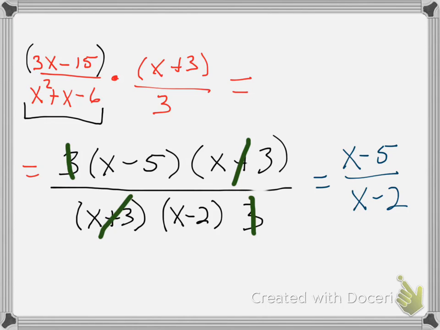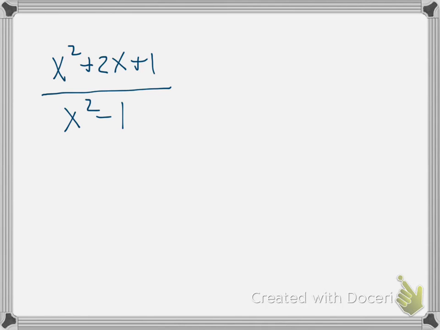Okay. Now, let's take a look at some division. Let's say that I had something like x squared plus 2x plus 1 over x squared minus 1, and we are going to divide this by x plus 1 over x minus 1.